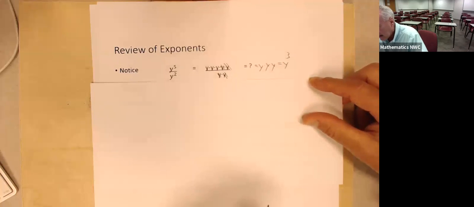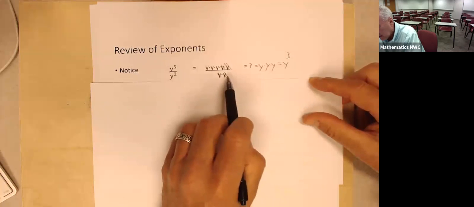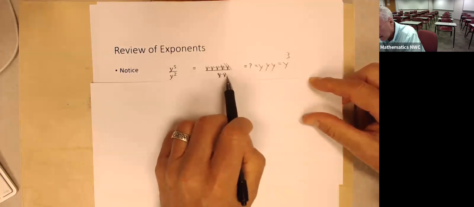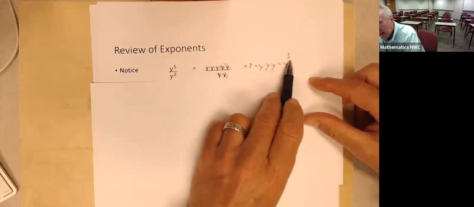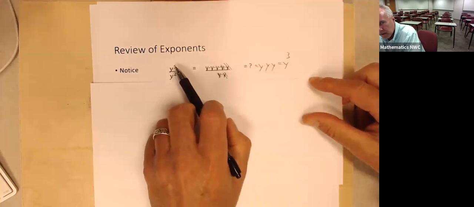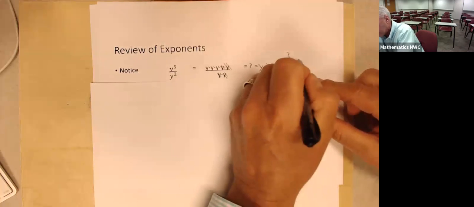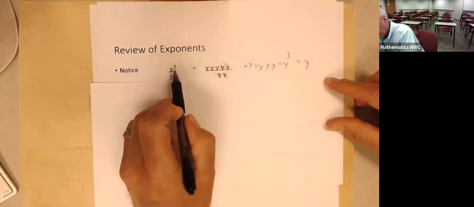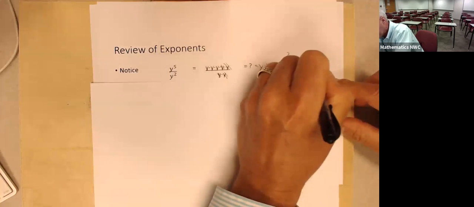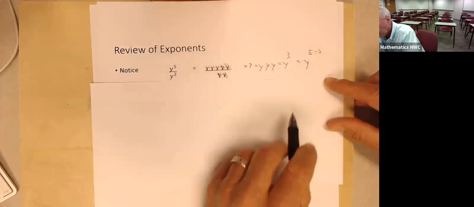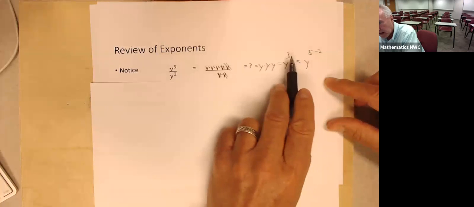But I'm hoping by now you can see a shortcut rather than writing this all out every time, that we could have gotten that 3 back here from the y, a 5 and the 2 by simply taking the 5 and subtracting the 2. That would give us the y cubed.